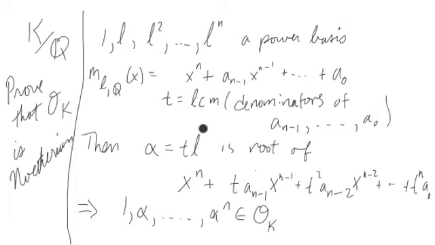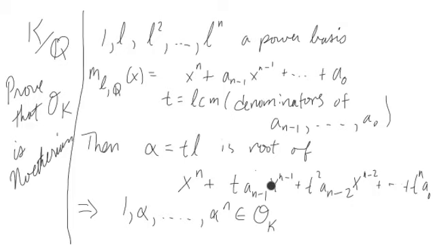That can be done by taking the least common multiple of the denominators. So thinking of the denominators of these other coefficients, take the least common multiple of the denominators. So anytime you multiply t to any of these guys, you'd have an integer. So if we did that, and we let alpha be equal to TL, notice that you plug TL into here, you're going to get t to the n times L to the n.